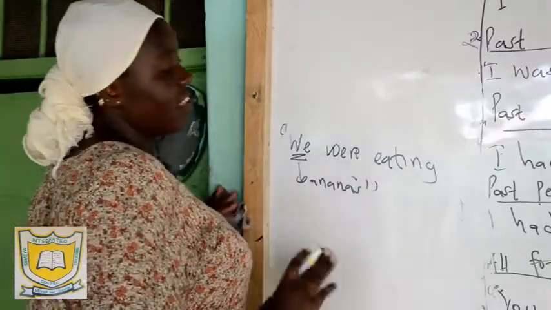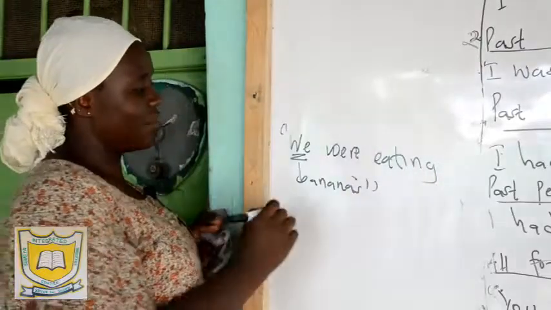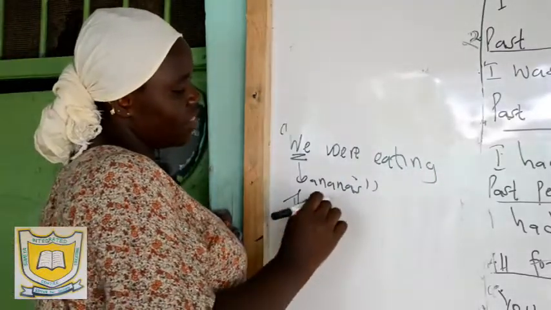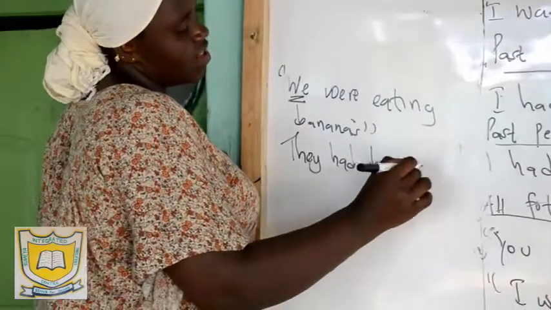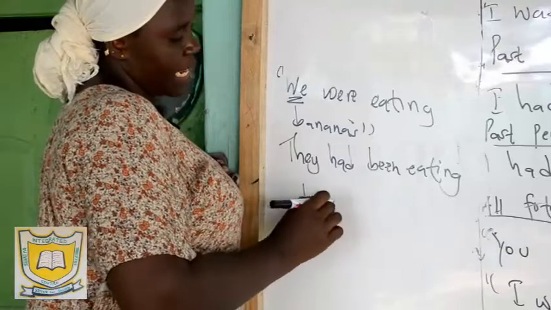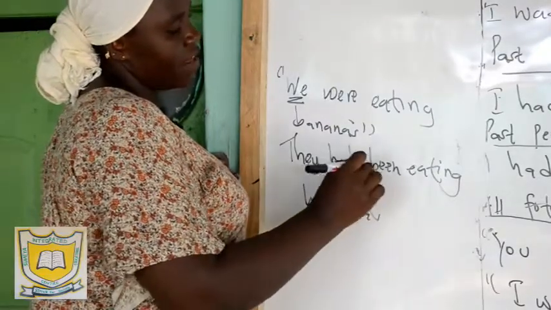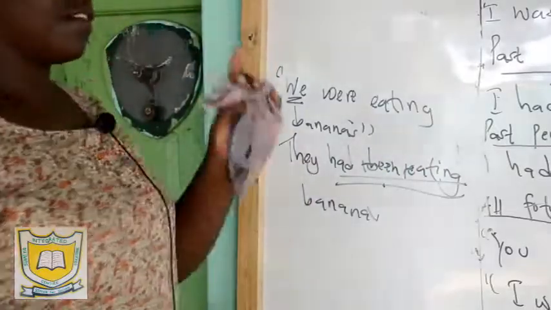I'm going to change this into the past perfect continuous in the indirect speech. So we changes to they had been eating bananas. They had been eating bananas. So you have had plus been plus ing forming the past perfect continuous.